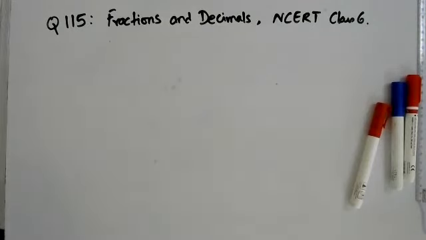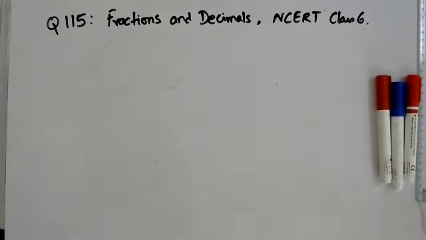The question states, when Sunita weighed herself on Monday, she found that she had gained 1 and 1 by 4, 5 kg. I think when we discussed this question last, we figured out that this was a misprint.